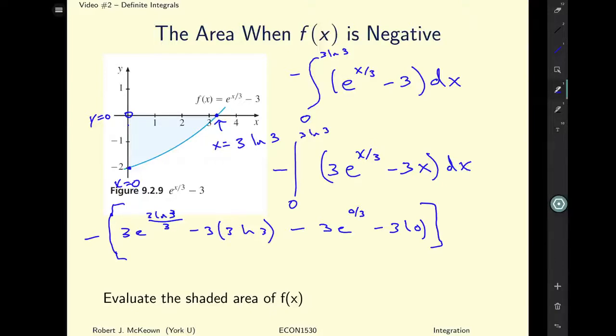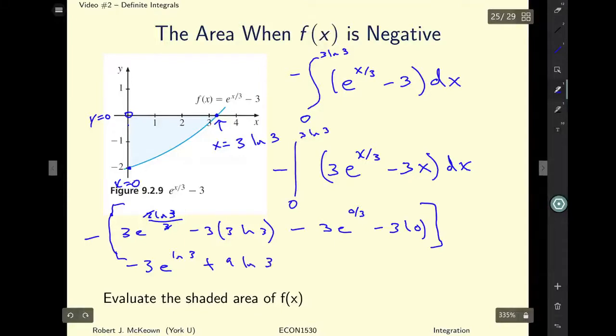Now I'm ready to do some simplifying, so I'll bring in the negative sign. So we're going to have 3e. The 3's are going to cancel out, so we'll have log 3 up there. I could simplify it more, but I'll leave it like that for now. I've got a plus sign here, so I'm going to have 9 log 3.